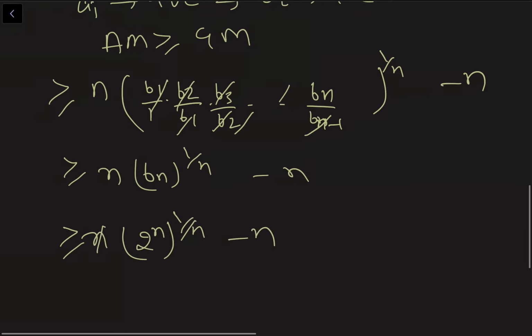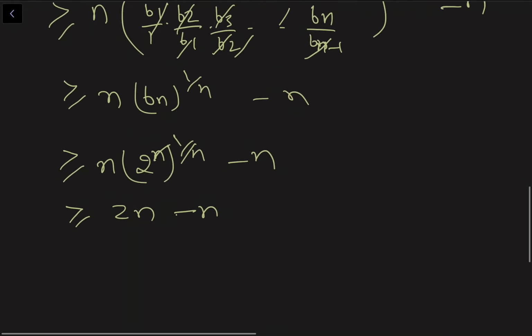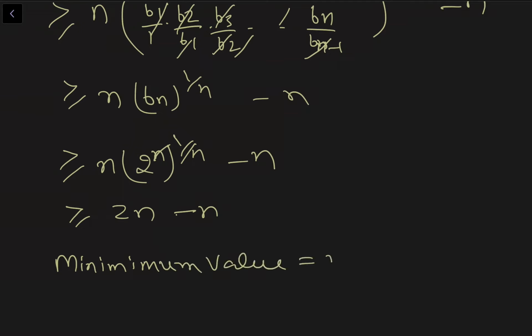So this gives 2n minus n. So finally our answer is n. Minimum value is equal to n. So this is our final answer. Hope you like the solution.